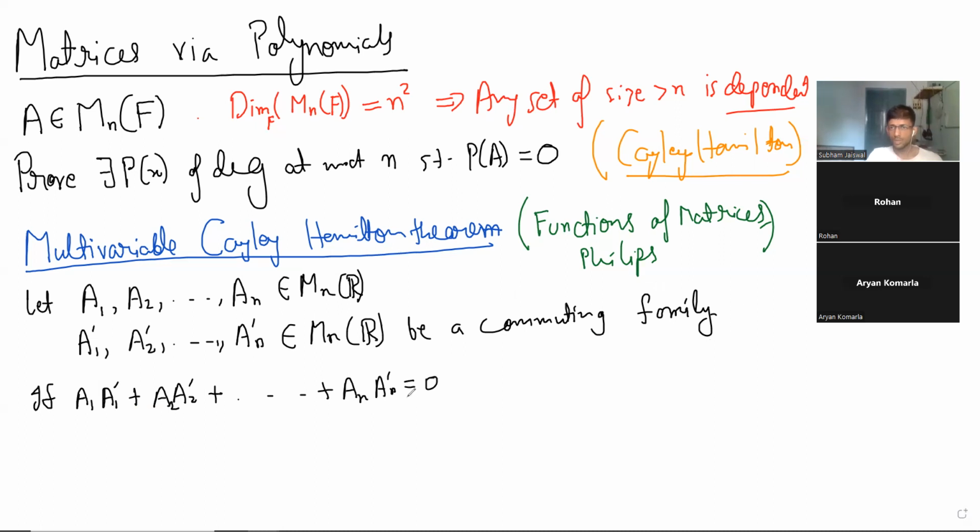If this is equal to 0, then there is a polynomial relation, but there should be something more.